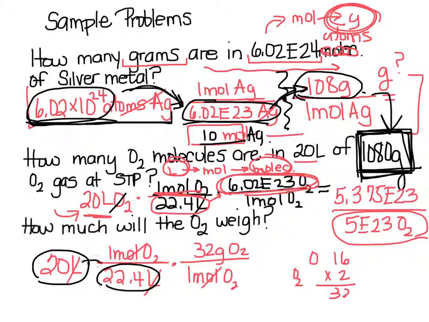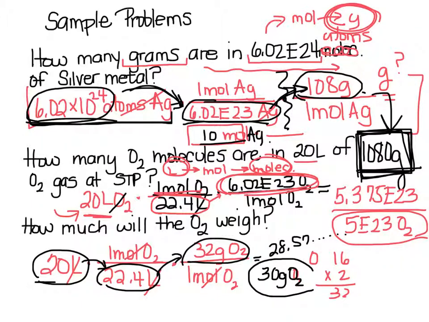First we'll divide, and then we're going to multiply. And I get 28.57 and so on. In theory, one significant digit, so we would actually round that to 30 grams of oxygen. And so that would be our final answer.